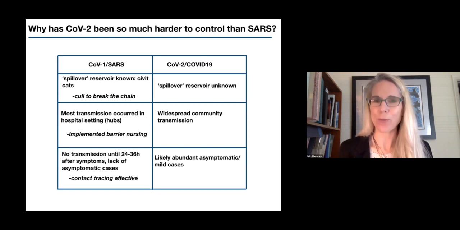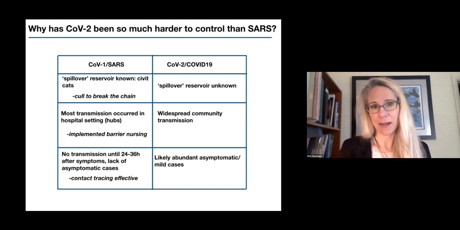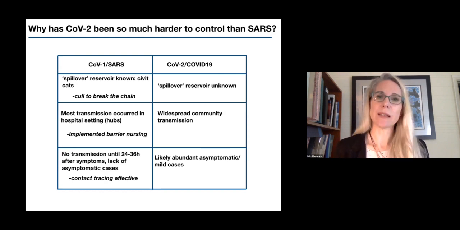And this is really important from a contact tracing perspective, because it means that without asymptomatic cases and transmission occurring only after the onset of symptoms, things like contact tracing and isolation through classic public health measures can be really effectively implemented to break the chain of transmission as well. And of course, for CoV-2, we know that there are probably abundant asymptomatic, certainly abundant mild cases, and transmission can occur prior to the onset of symptoms, which makes these other types of public health control measures of contact tracing much harder.